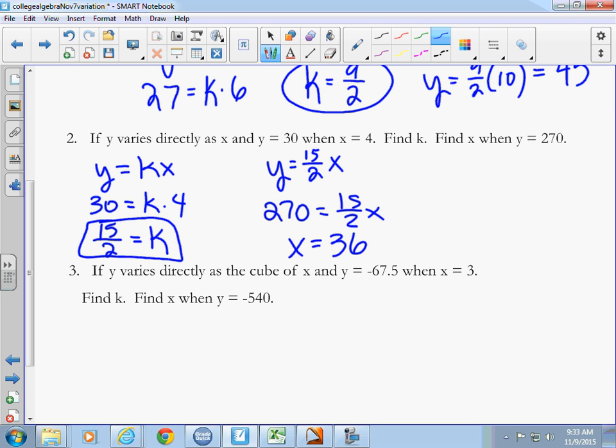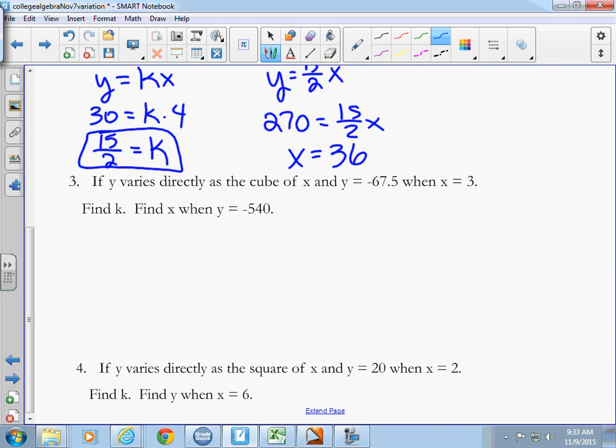The third one is a tougher direct variation. It still says y varies directly, but this time it doesn't say y varies directly with x. What does it say y varies directly with?